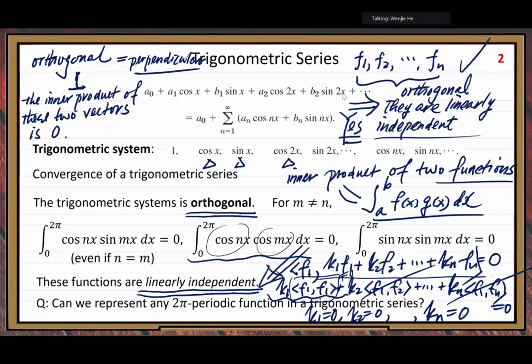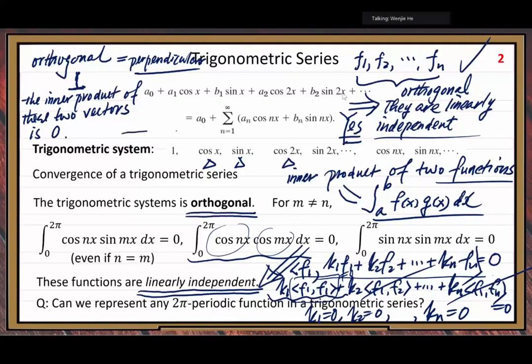So the problem occurs at the discontinuities of the function. If the function is discontinuous at certain points, then at those discontinuity points the answer is different. The Fourier series is also convergent, but convergent to a value like this.